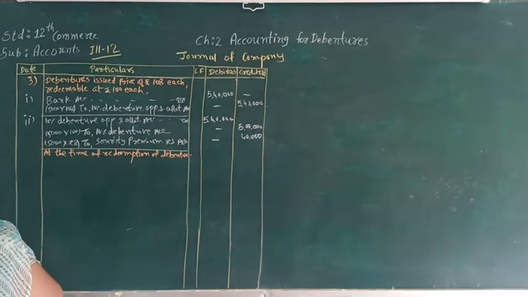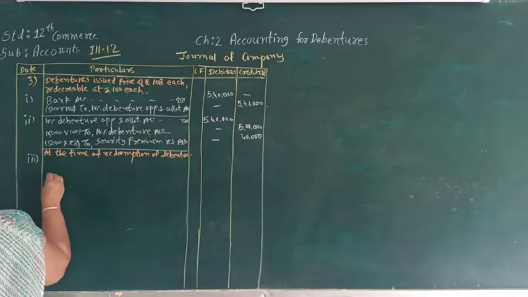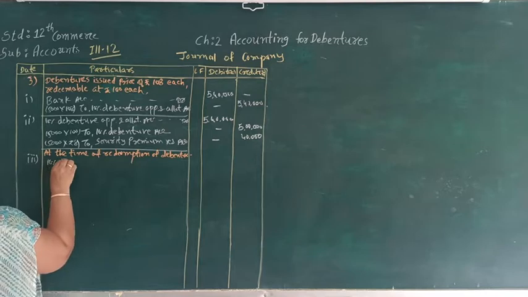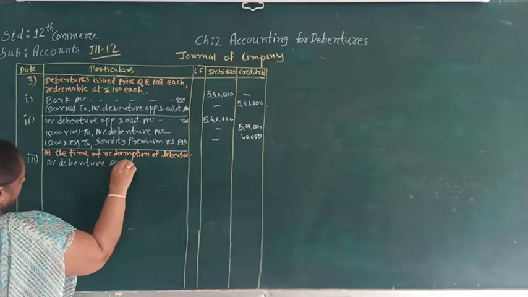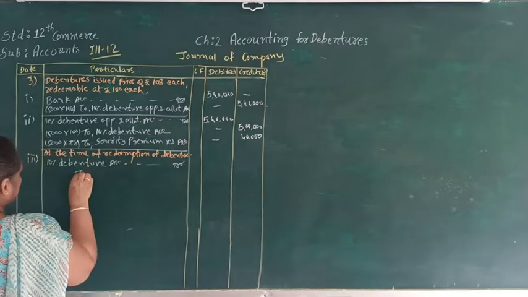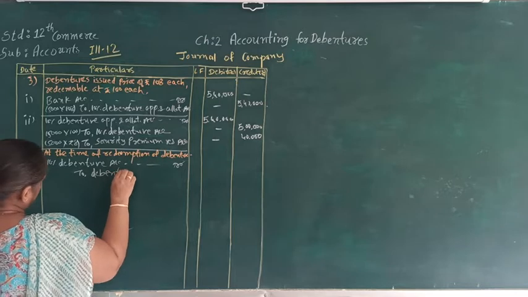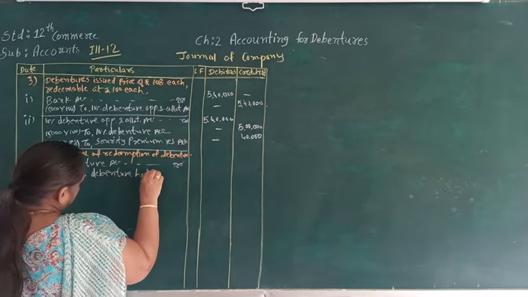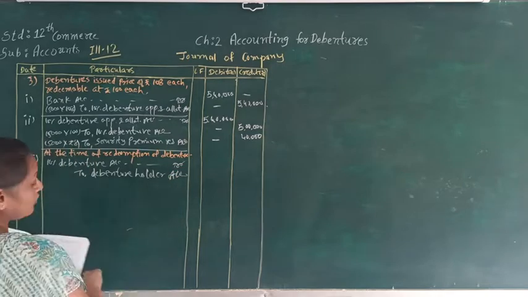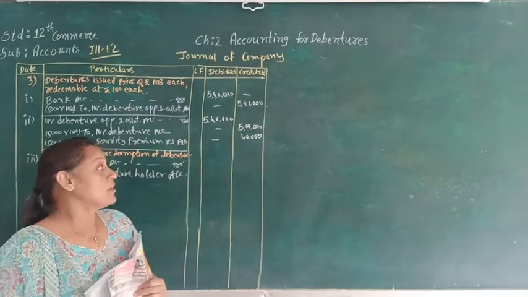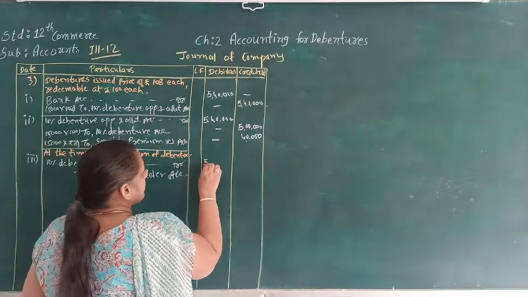That journal entry will be the third one. Here, as it is redeemable at par, we are not going to pay the security premium, so our amount will be 5 lakh.